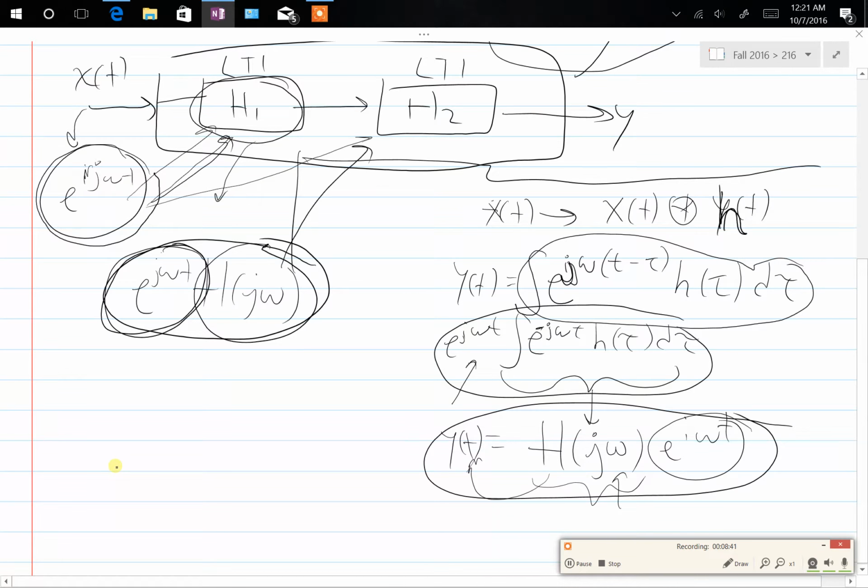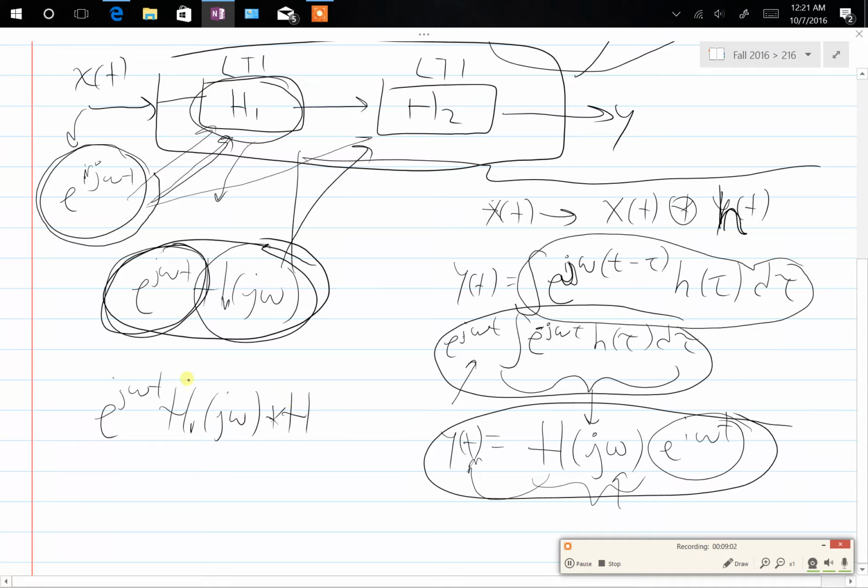The output of the system h2 must be equal to e to the j omega t times the previous constant, which I'll define as H1 of j omega. Since a constant times a constant is always a constant, it doesn't really matter.